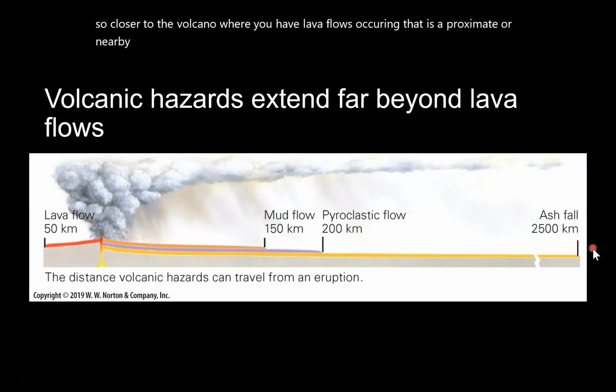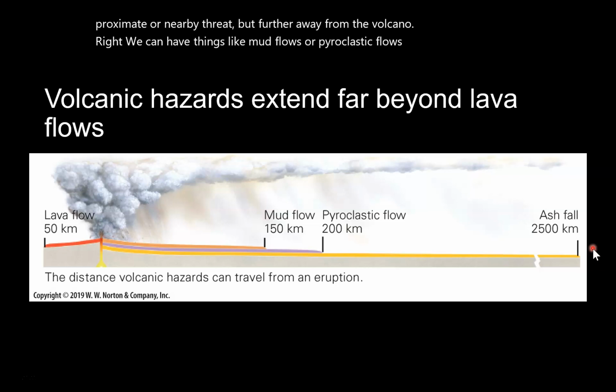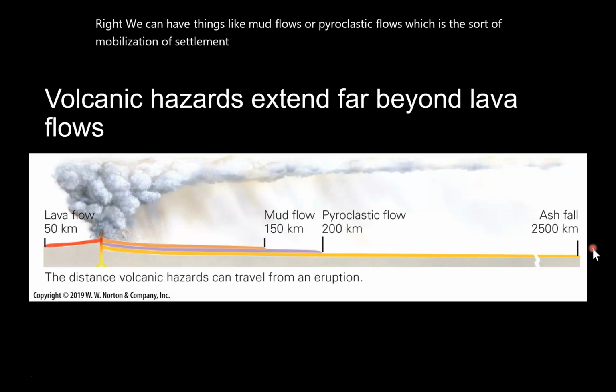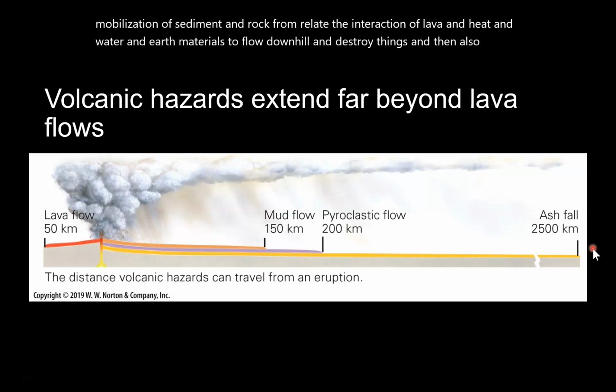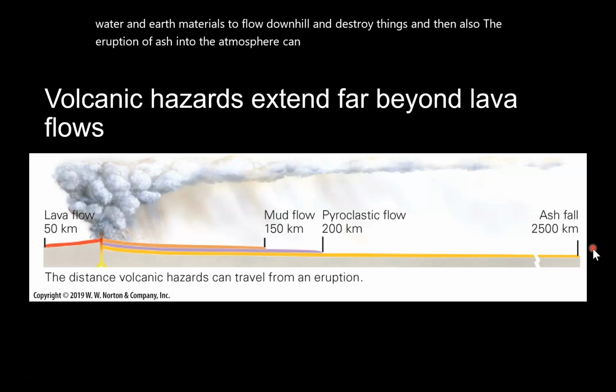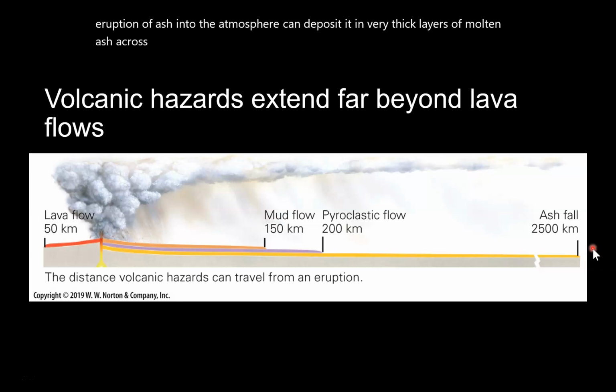But further away from the volcano, we can have things like mud flows or pyroclastic flows, which is the sort of mobilization of sediment and rock from the interaction of lava and heat and water and earth materials to flow downhill and destroy things. And then also the eruption of ash into the atmosphere can deposit it in very thick layers of molten ash across the landscape, up to thousands of kilometers away. And you also block parts of the atmosphere with that ash, which has its own hazards associated with it.